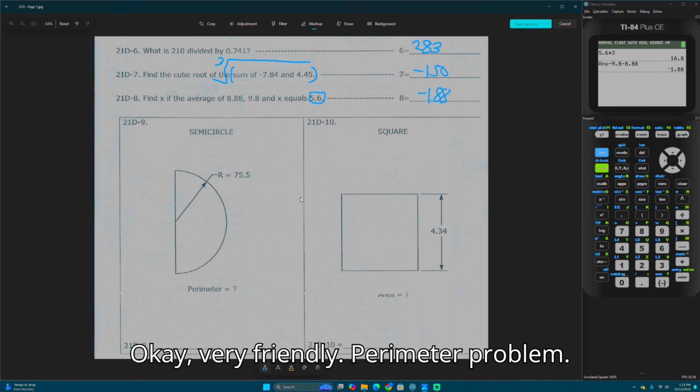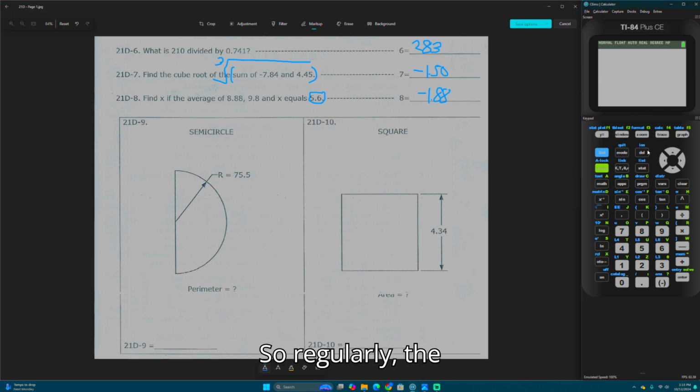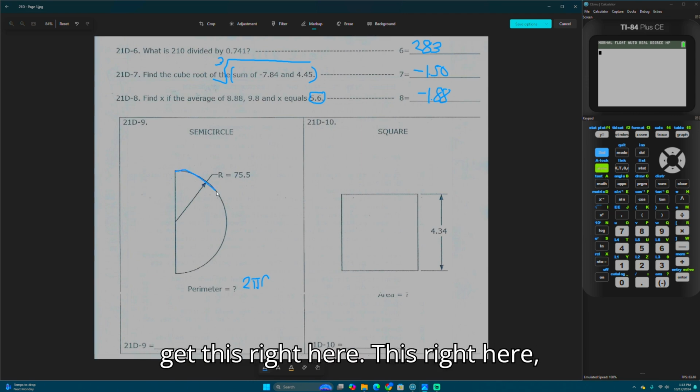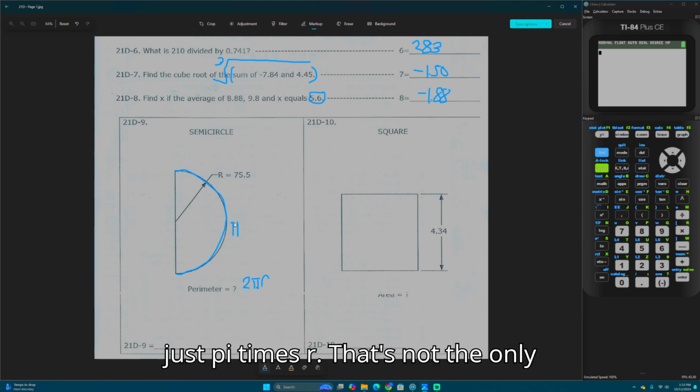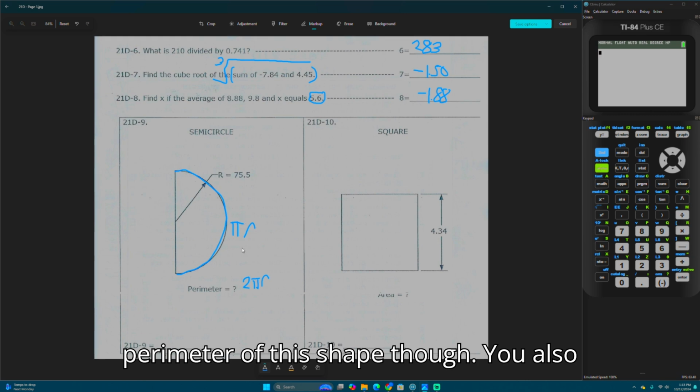Okay, very friendly. Perimeter problem. Regularly, the perimeter of a circle is 2 pi r, right? But in this case, it's a semicircle. We're trying to get this right here, which would be half of 2 pi r, which is just pi times r. That's not the only perimeter of this shape, though.